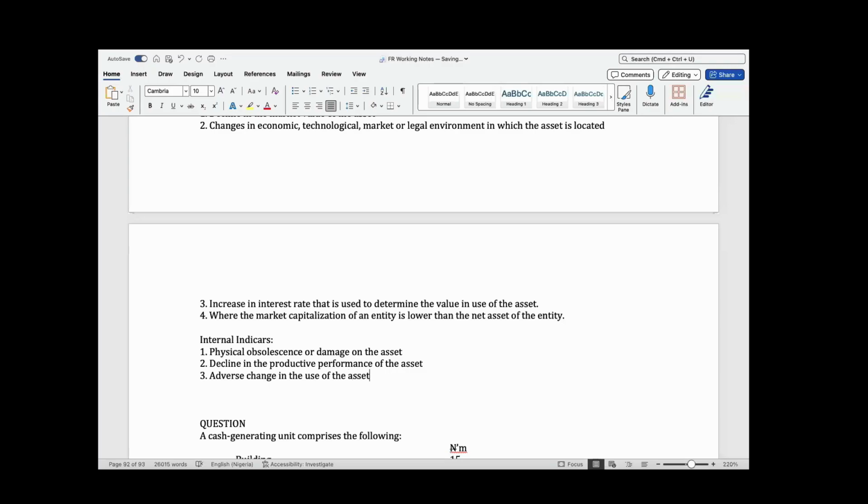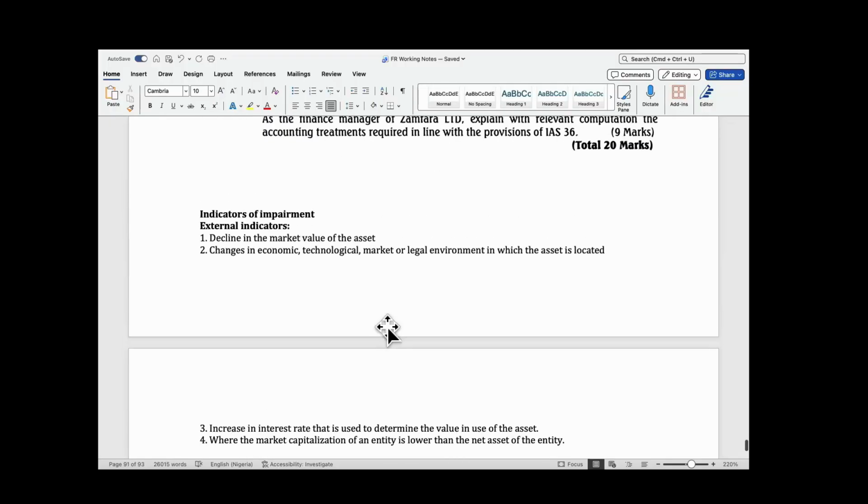So the way you are using the asset now, there's an adverse change. You are using it much more than the way you were using it before. An asset that you'd use once in a day, now it's used multiple times in a day. You should check. The asset might have been impaired, and many more like that.